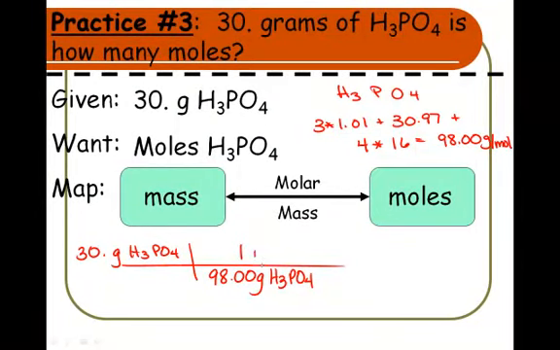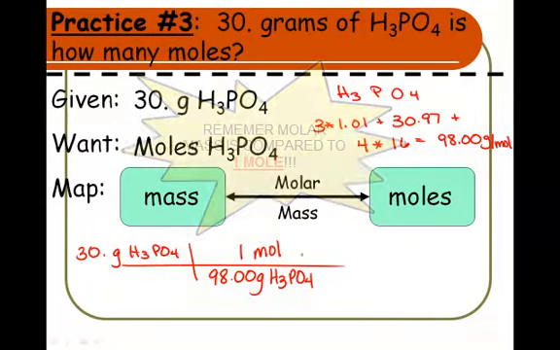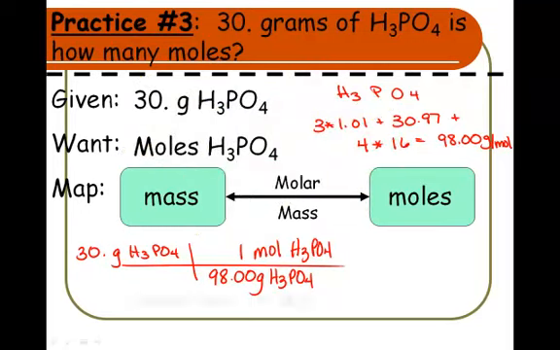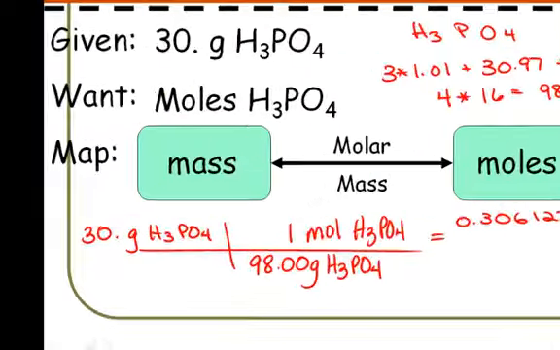And I'll use my 1 mole and put it on the top. Remember, molar mass is always to 1 mole. So here I take 30 times 1 divided by 98, and I get 0.306122.